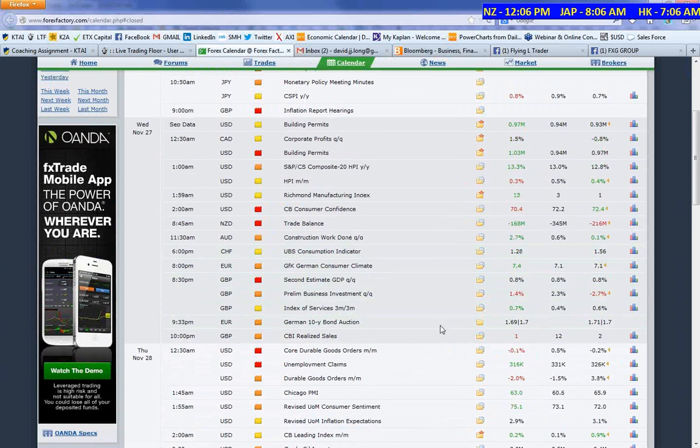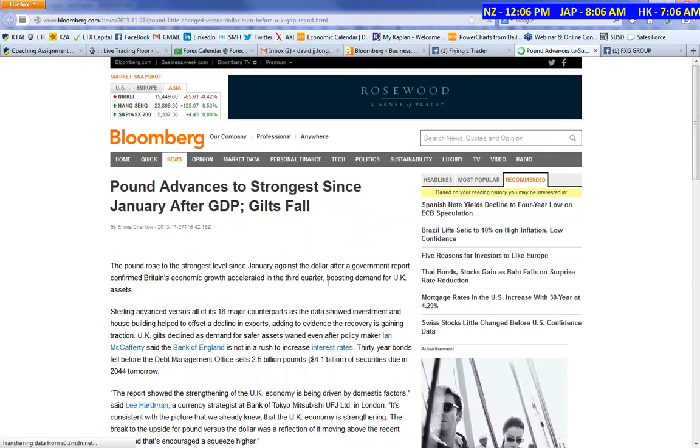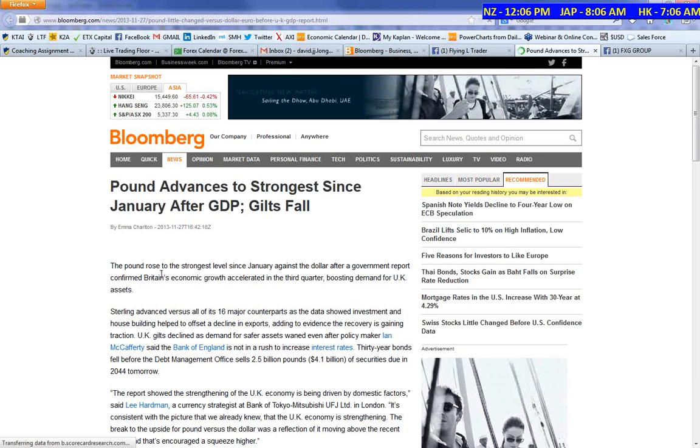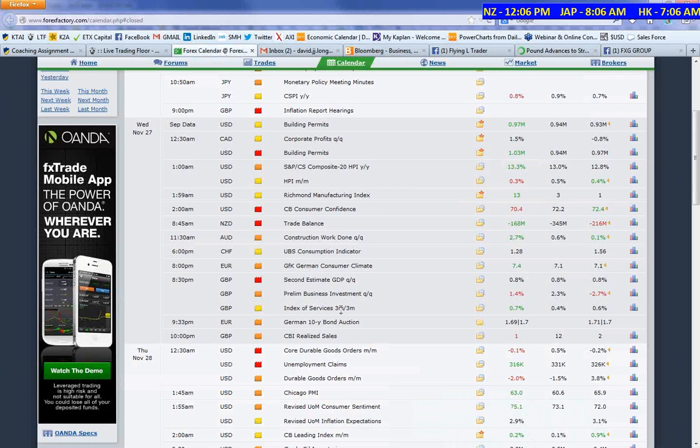It looked pretty flat across here, but a report came out that government confirmed Britain's economic growth accelerated in the third quarter. The second estimate GDP was 0.8.